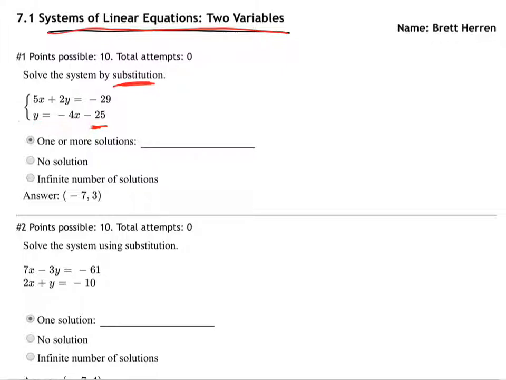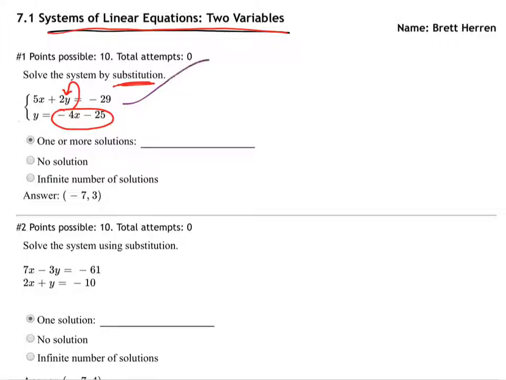So that means I can take that y and plug it in for y in the other equation, because the second equation says that y equals negative 4x minus 25. Wherever I see y, I'm free to replace it with negative 4x minus 25, because it's the same as negative 4x minus 25.